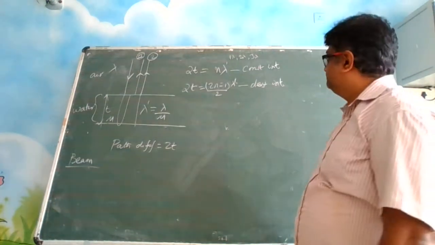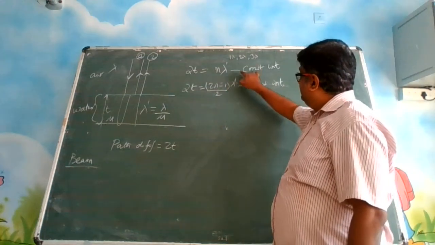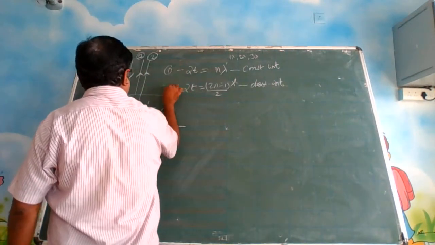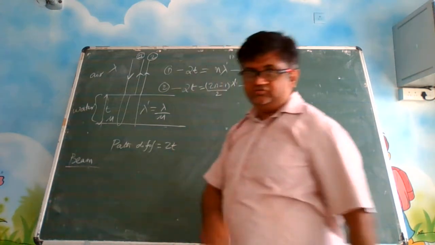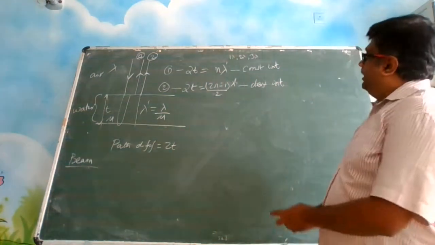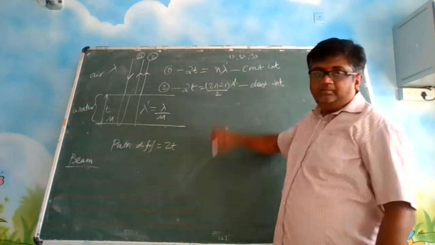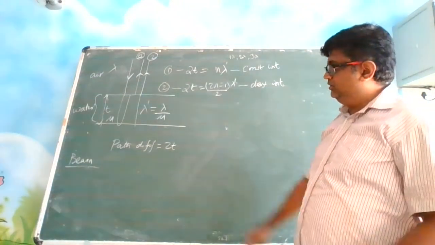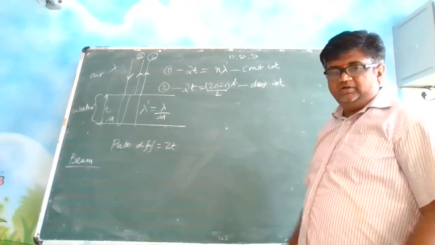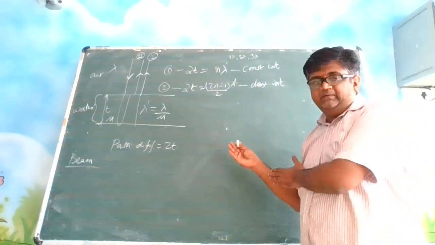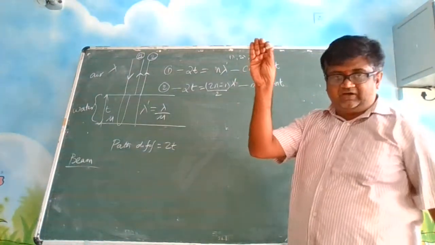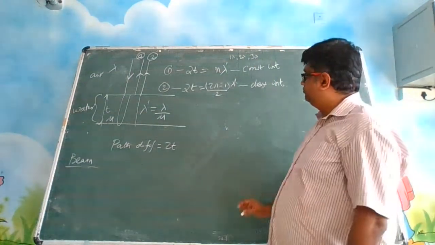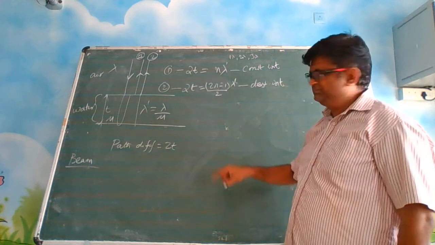ध्यान से सुनिए. अगर ये ray 1 है, alright, this is ray 1 and this is ray 2. ध्यान से सुनें. पाई शिफ्ट क्यों होता है? इसके पहले मैंने discuss किया था कि अगर ray denser medium को hit करता है तो जब वो reflect होता है, there is a pi shift. Alright, suppose you got two conditions here.